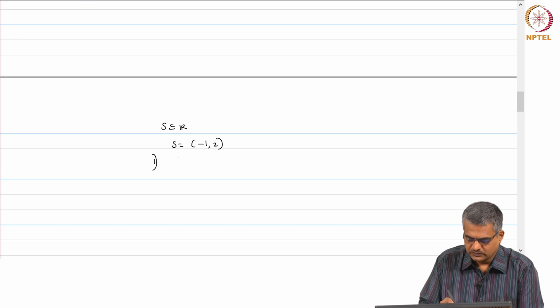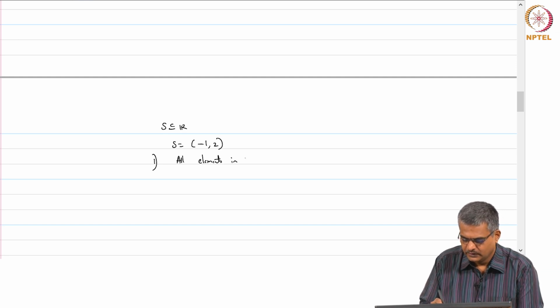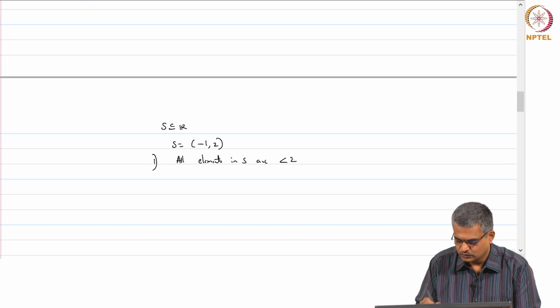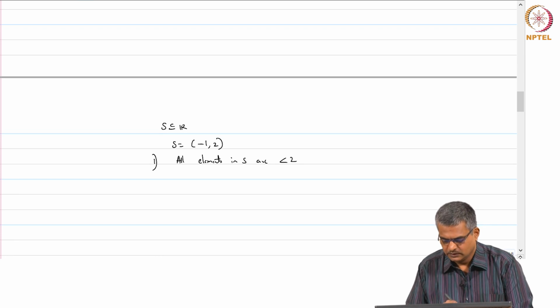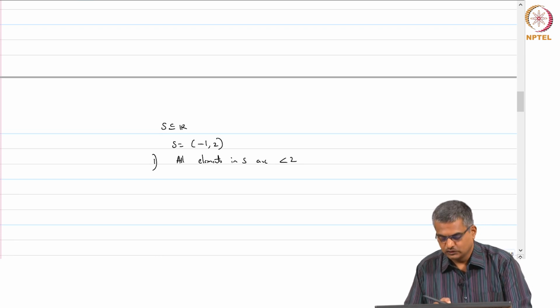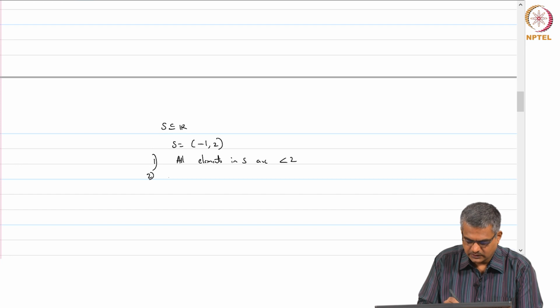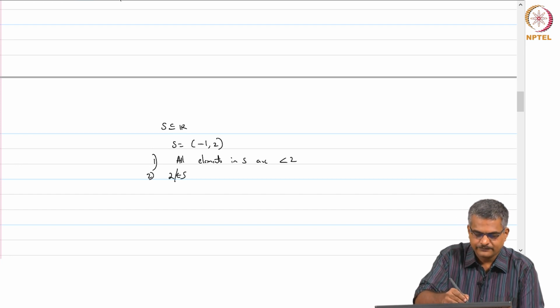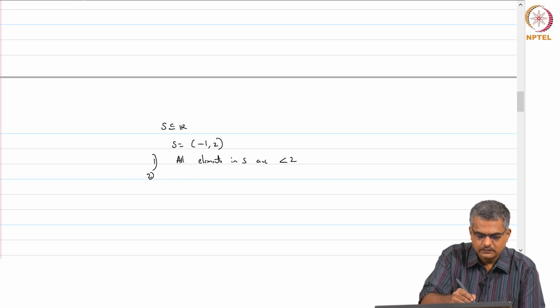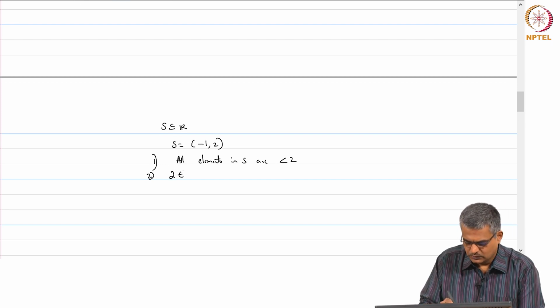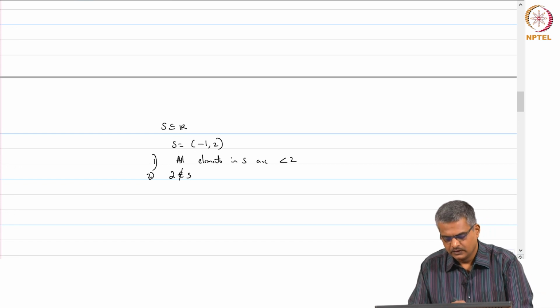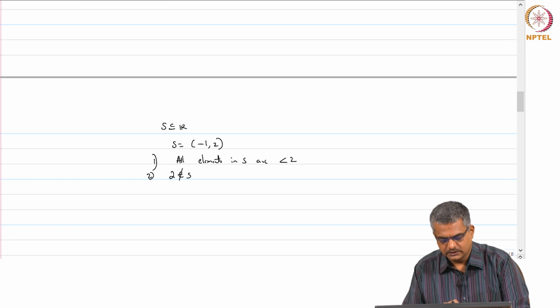So, the first observation is all elements in S are less than 2, right. Why strictly less than? Because 2 does not belong to the set S. Same thing can be said about the number -1, right.